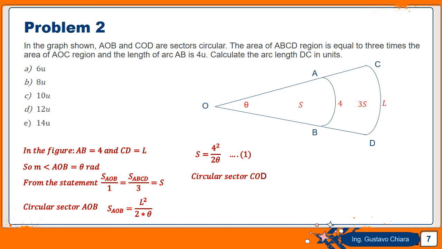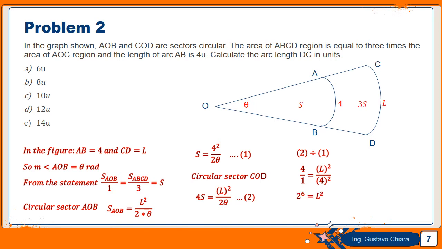Well, in the same way, in the circular sector COD, we get that S plus 3s is equal to L squared divided by 2 theta. So dividing 2 by 1, we get that 4 divided by 1 is equal to L squared divided by 4 squared.